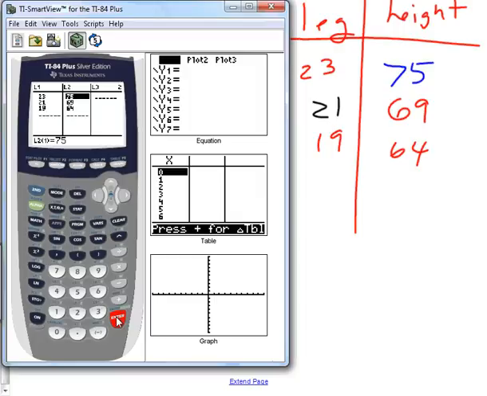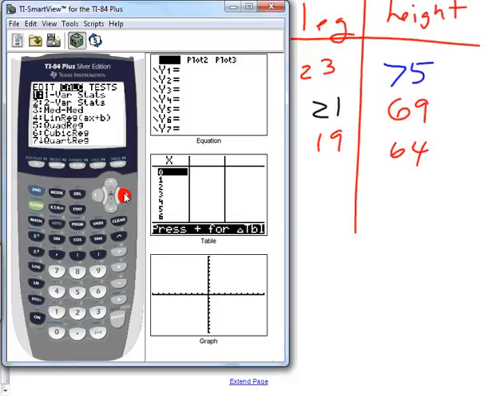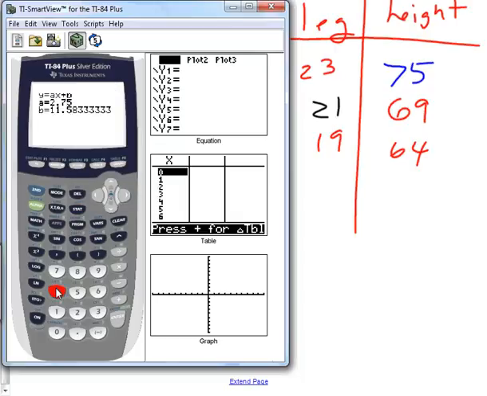Okay, you don't have to, but let's say we did. Then we'd go to where next? Stat again, and over to calculate. And which one is it? Number 4, LinReg. I hit enter again, and it tells me the answer. I didn't change my data, so I got the same numbers. Okay? That's how you do a linear regression.